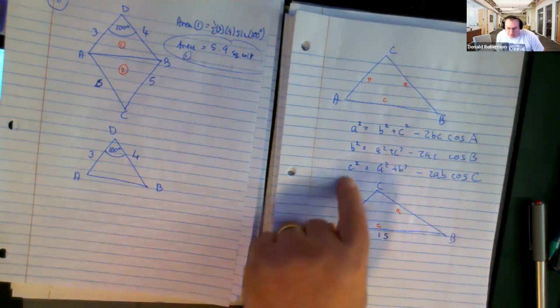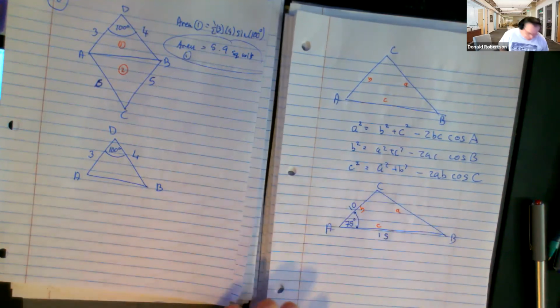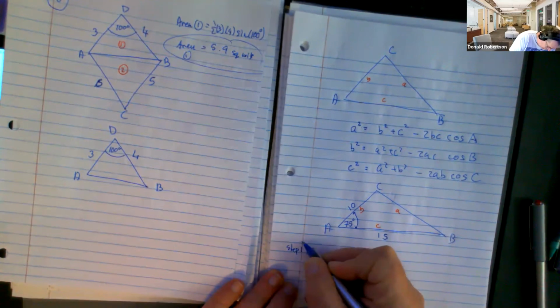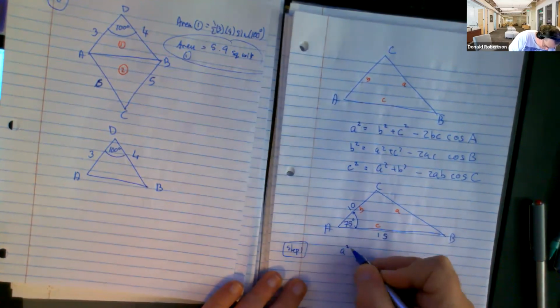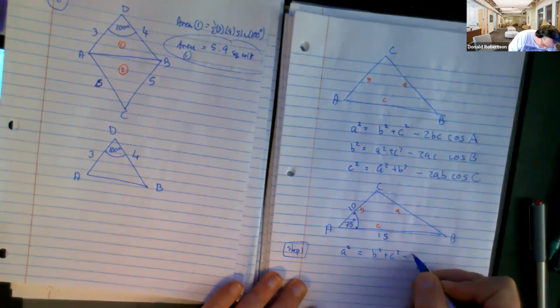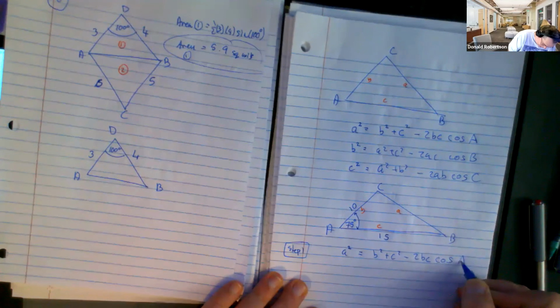Then I would be after the third side, right, Lily? So step 1 is to use the formula. It would be a squared equals b squared plus c squared, take away 2bc cosine A.